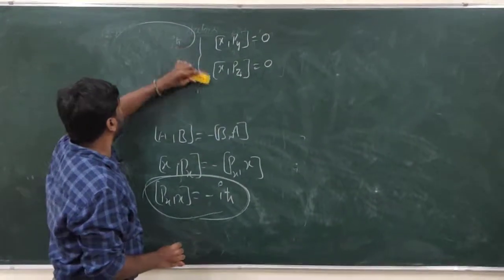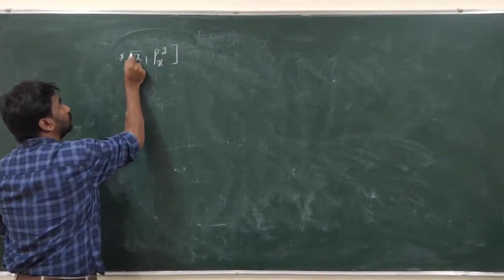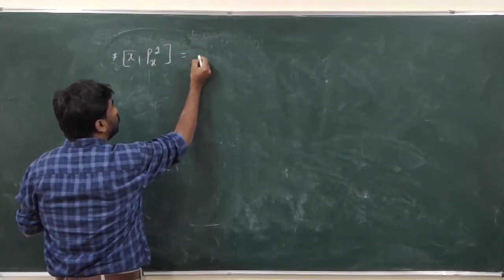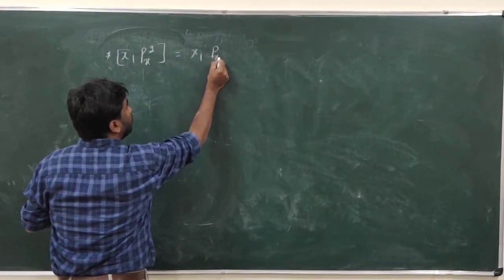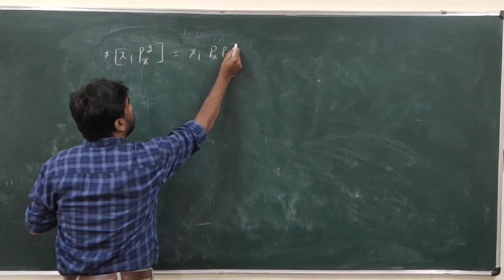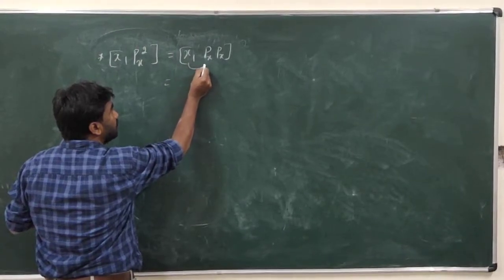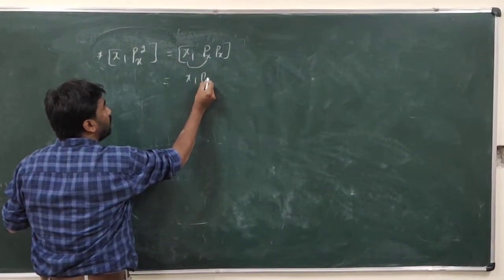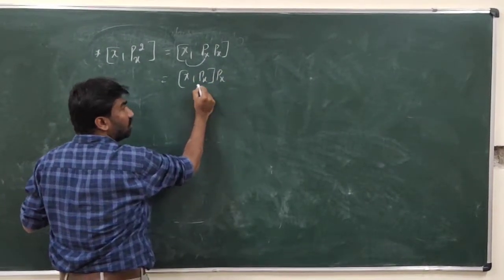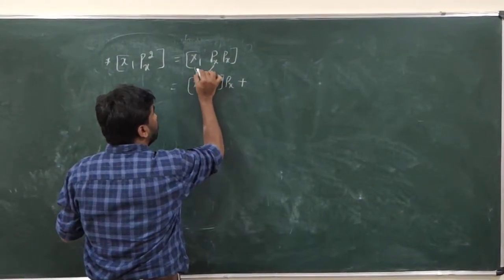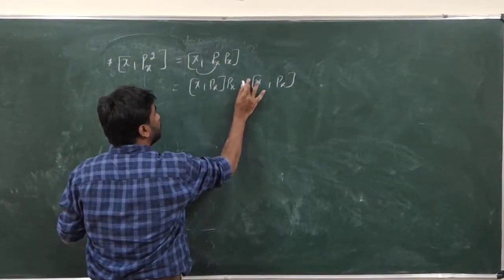Next, [x, px²]. This can be written as [x, px]px plus px[x, px]. We know that x operates first on this px, so for this px the bracket is on the right side, plus px[x, px], for this px the bracket is on the left side.